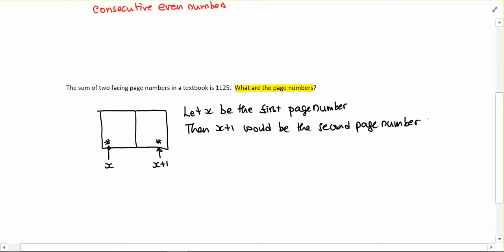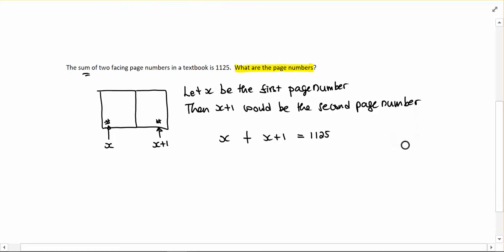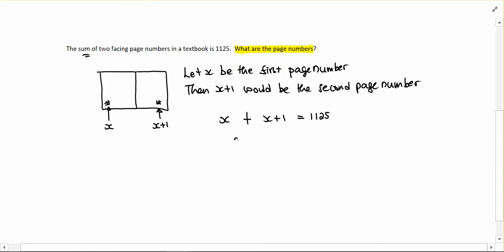It says the sum, so x plus x plus 1 would equal 1125. Let's go ahead and simplify this side. That would be 2x plus 1 equals 1125. So subtract 1 from both sides. 2x is equal to 1124.